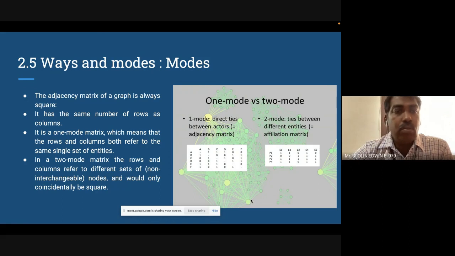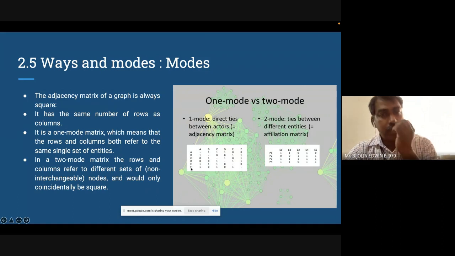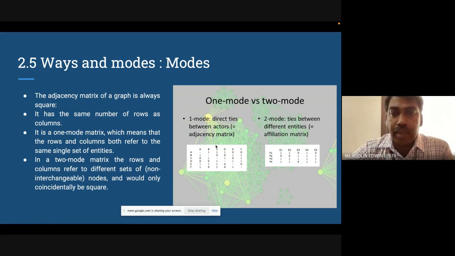It starts with a one mode matrix, and based on the nodes we can also fix the nodes. If it is one mode, the rows will be assigned one parameter, and the columns will be assigned the same parameter. So that is one mode.